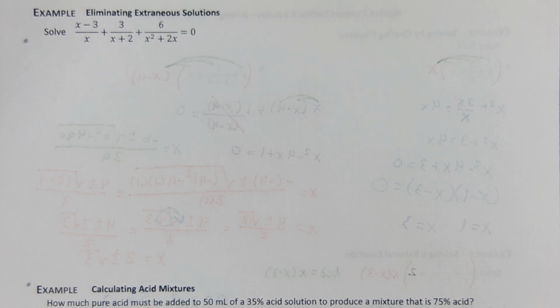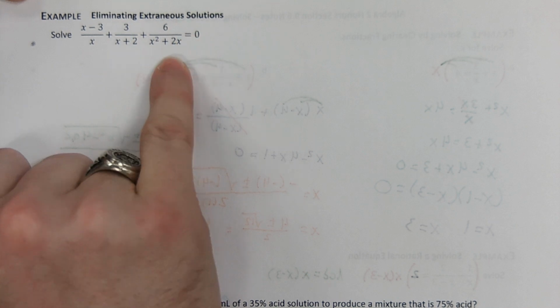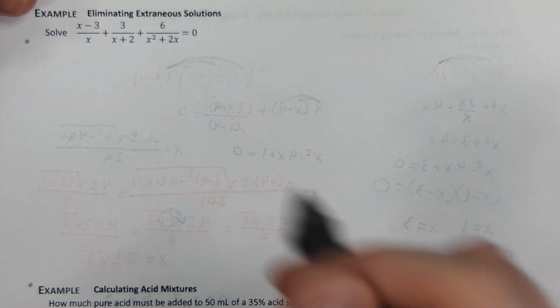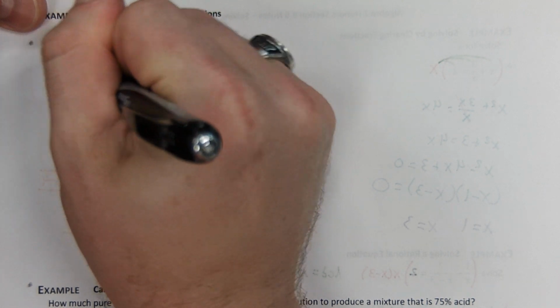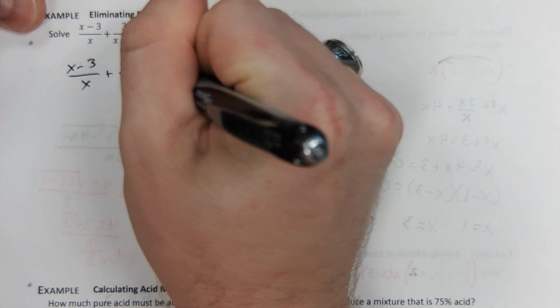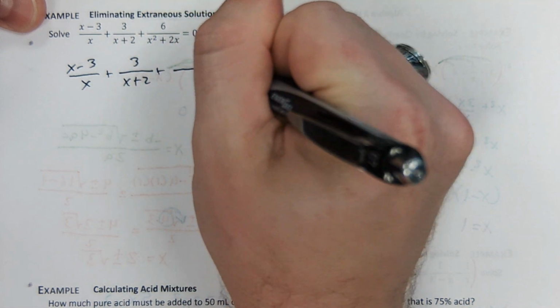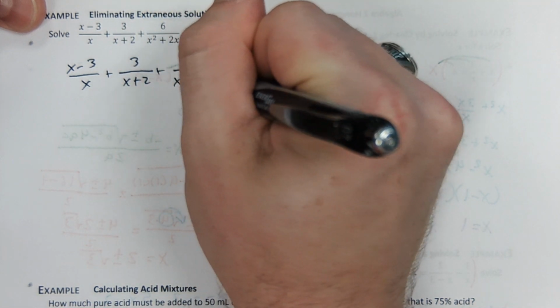We're going to factor everything that we can factor. That right there, x squared plus 2x, it factors. It is the GCF of x.